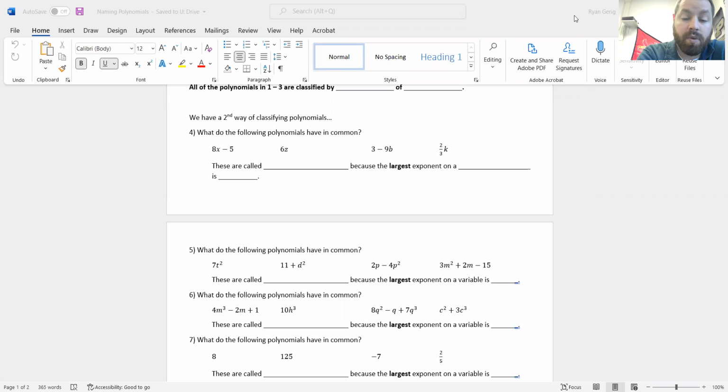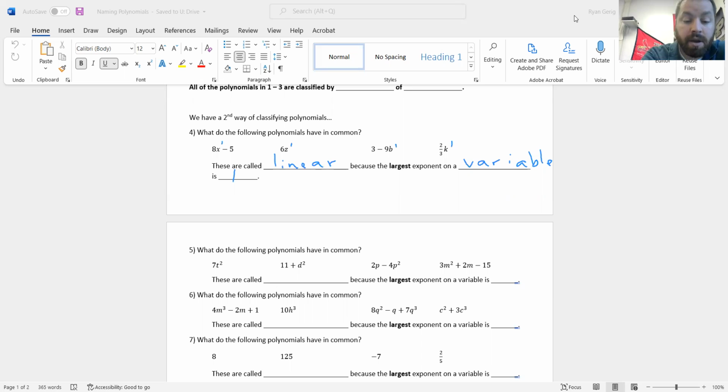These have in common that the largest exponent on a variable, and that is a key, is 1, right? 8x to the 1st, 6z to the 1st, 9b to the 1st, 2/3 k to the 1st. If the largest exponent on a variable is 1, we call that linear.